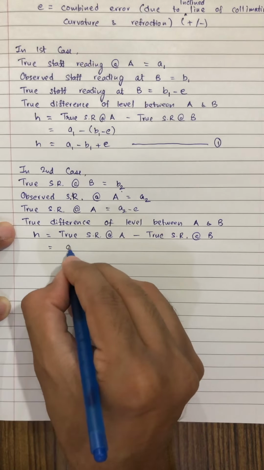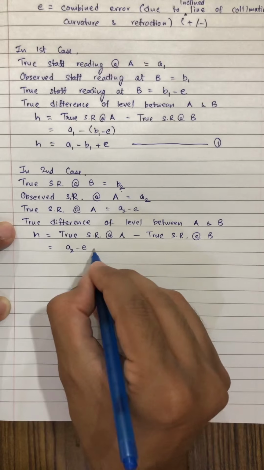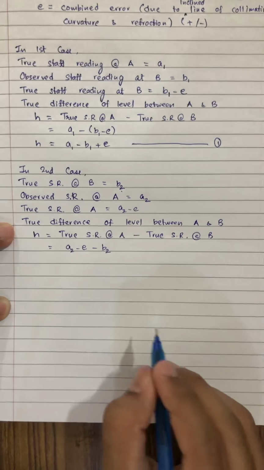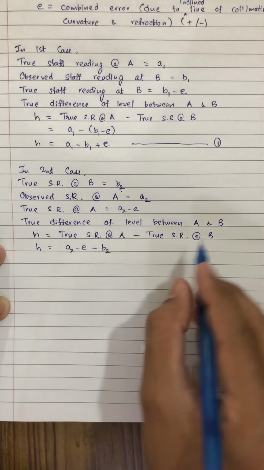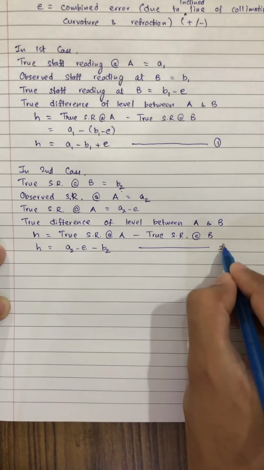So this can be written as A2 minus E minus B2. Hence, H is equal to A2 minus E minus B2. Let us call this equation number 2.